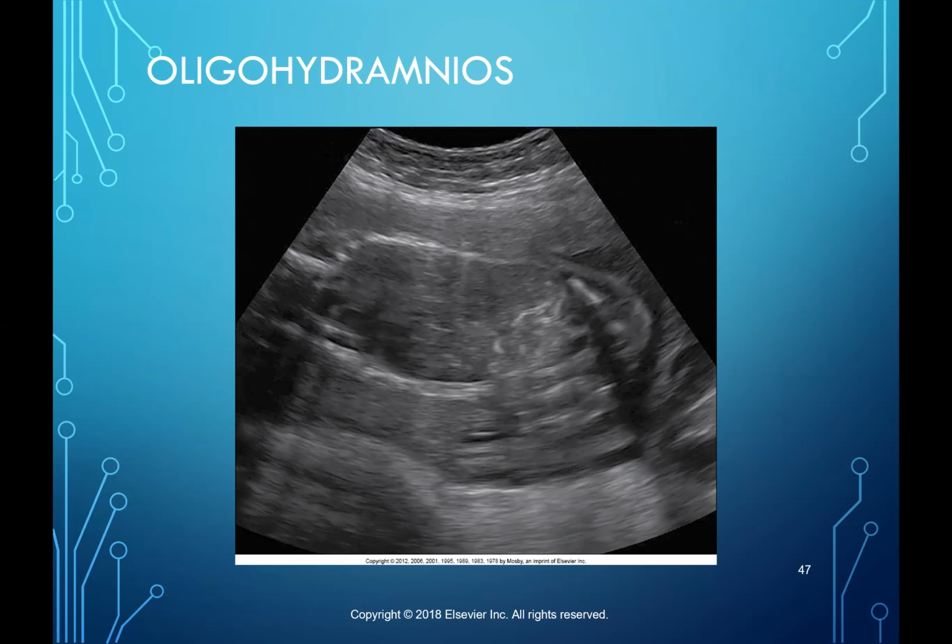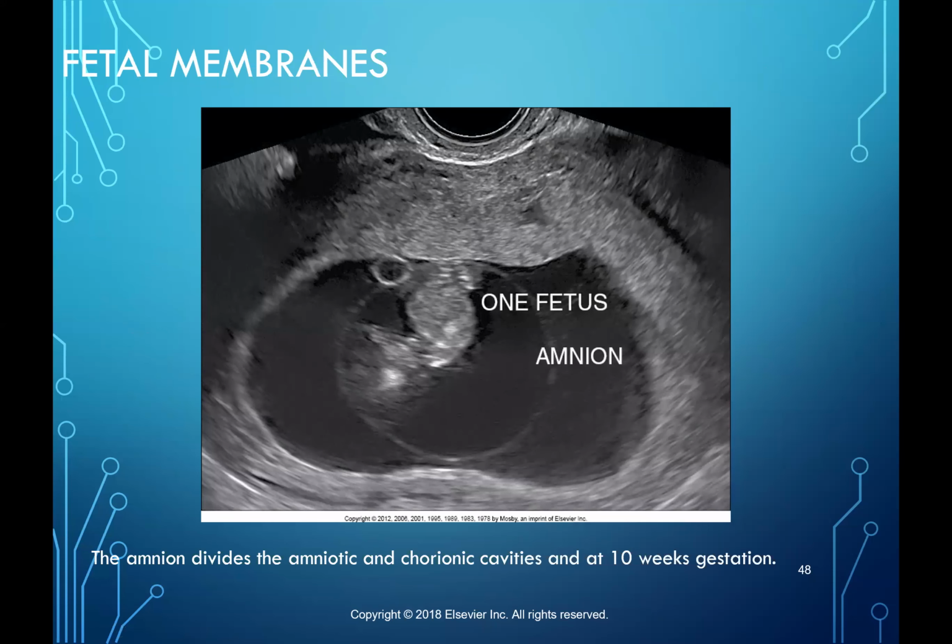So with oligohydramnios, instead of seeing a lot of black fluid, you're just going to see the baby and the placenta. And there's just not much room for the baby to move. These babies don't image very well because there's no fluid. This is an image of the amnion cavity and the chorionic cavity.